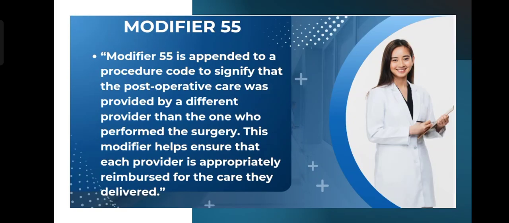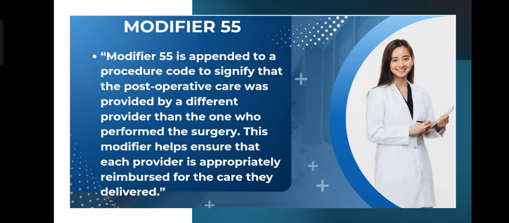Next, modifier 55. Modifier 55 is appended to a procedure code to signify that the post-operative care was provided by a different provider than the one who performed the surgery. This modifier helps ensure that each provider is appropriately reimbursed for the care they delivered.